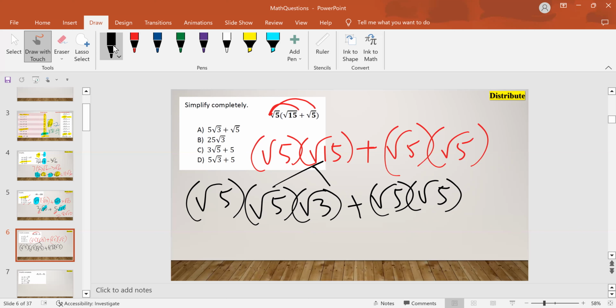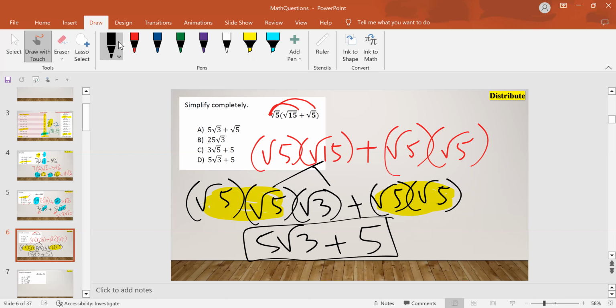The reason I break down the square root of 15 is that it will help me to find a regular number from this 2 square root of 5, and I have again another square root of 5 multiplied by itself. So this is what? Regular 5 square root of 3 plus 5, and that's it.